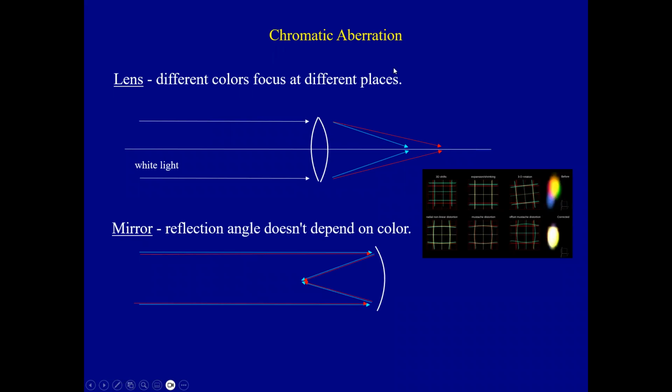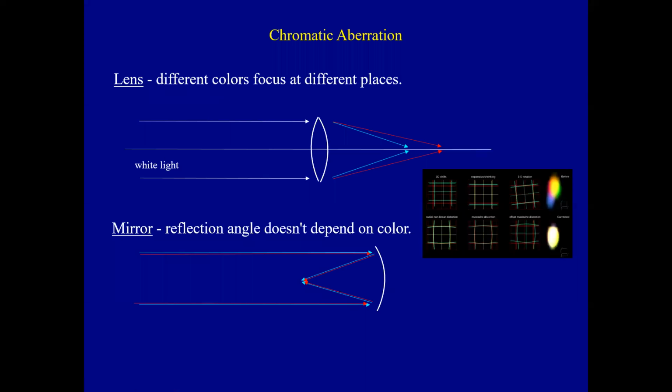Okay, so what is chromatic aberration? Some of you might have seen this, and some of you might have even experienced this in photos or in cameras. That's basically a lens focusing different colors at different places.